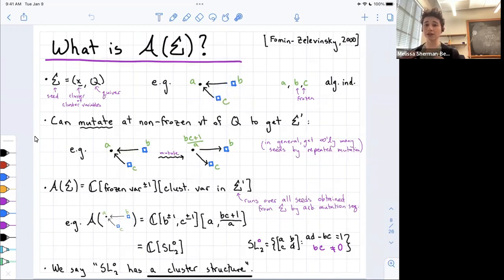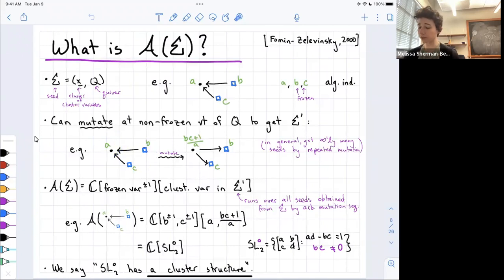Okay, so someone hands you this little snippet of algebraic information, the functions, and combinatorial information, the quiver. And from there, there is a process called mutation to produce another seed. You can perform this mutation at any non-frozen vertex of your quiver. In my example, I only have one non-frozen vertex. It's A. So the only mutation I can do is there.